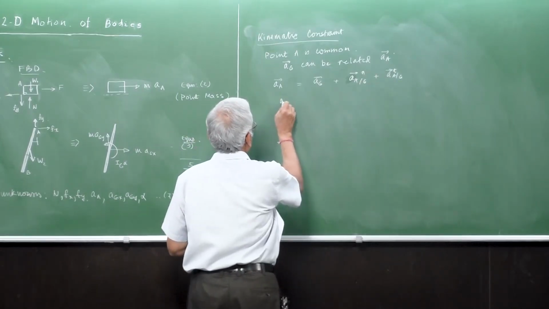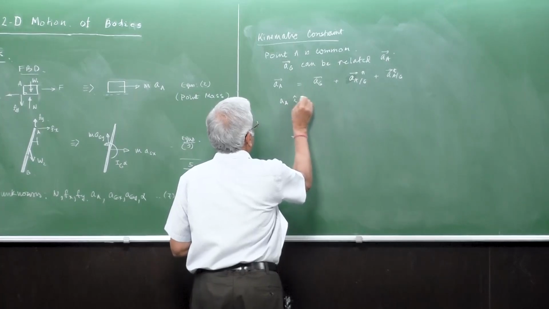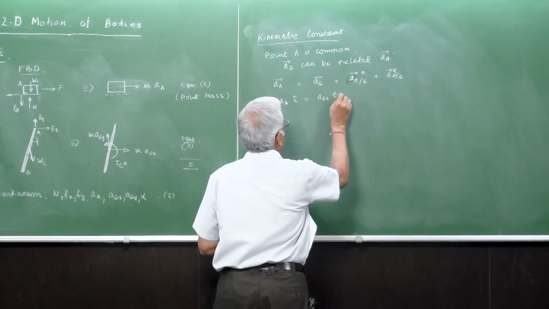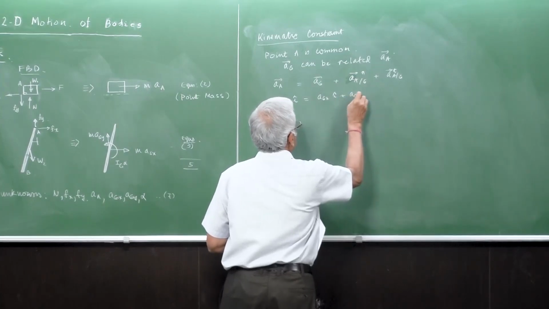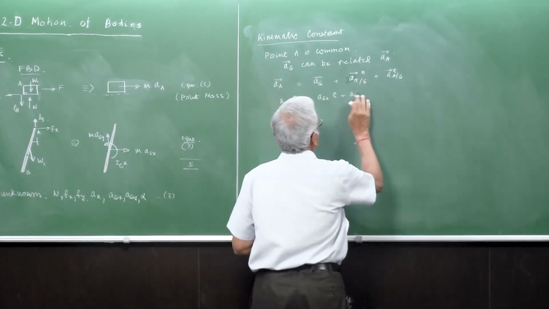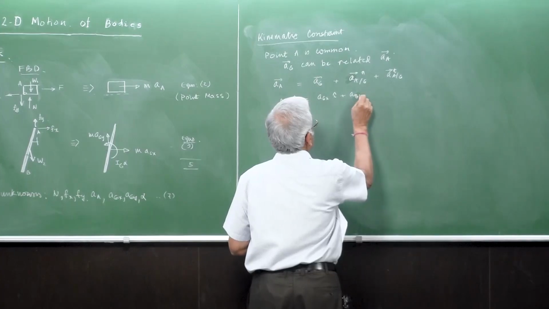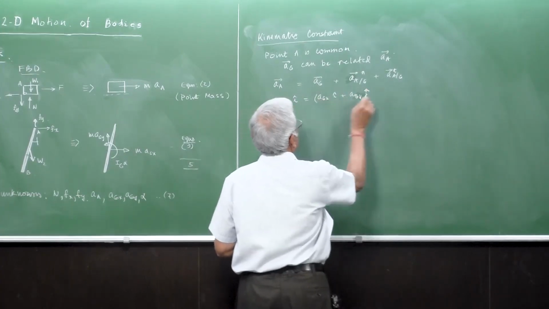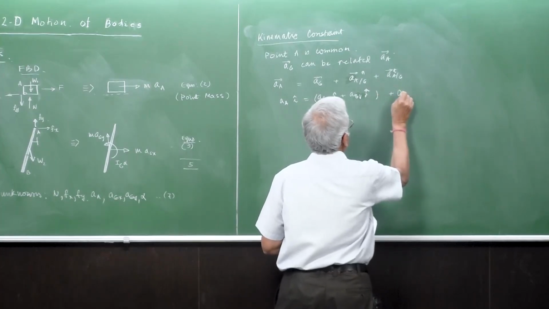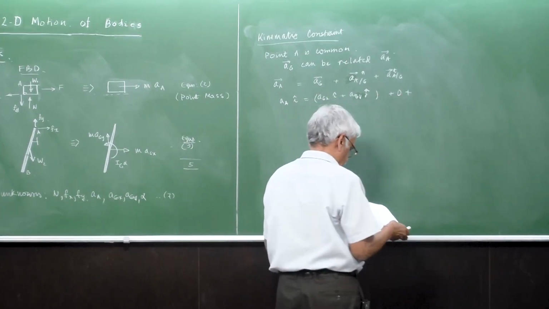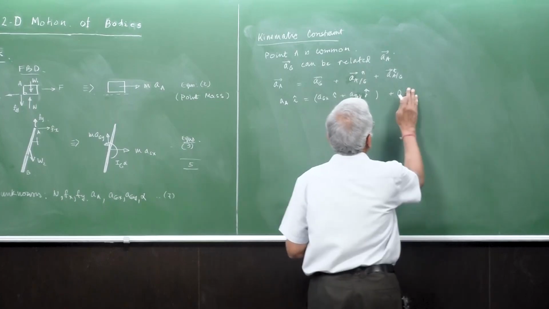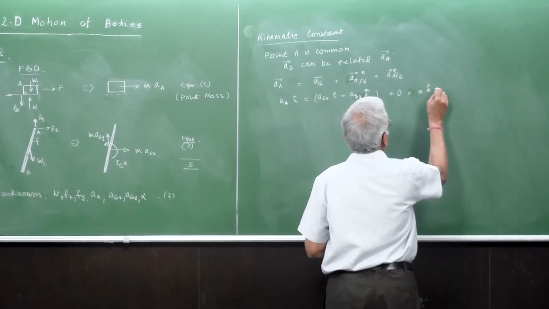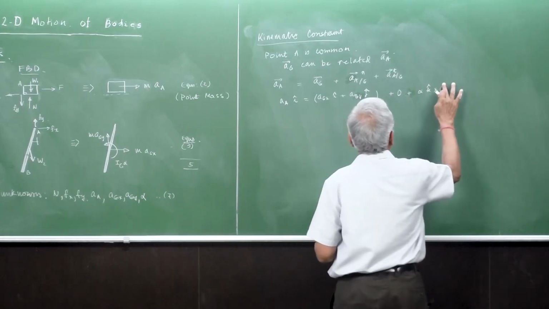So we have a_A i, a_Gx i, a_Gy j. This is for G and this is 0, and this is what we have here for k cross a with g.